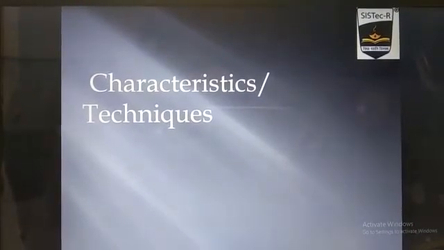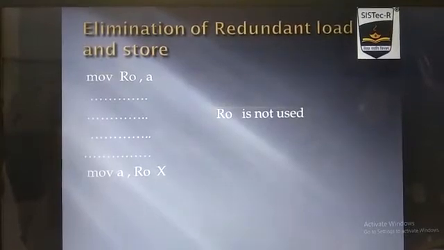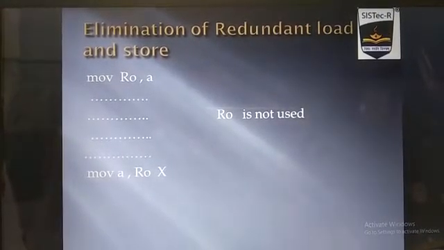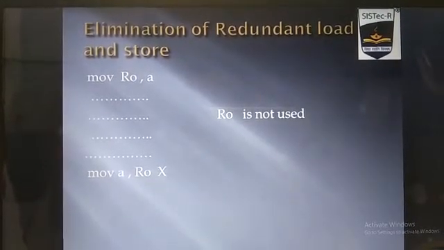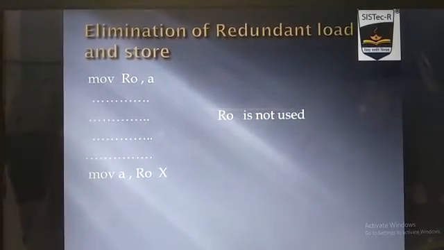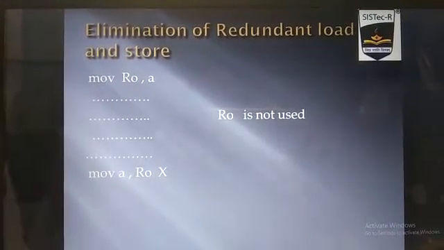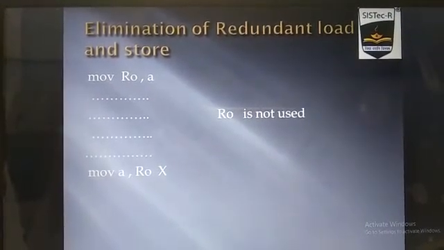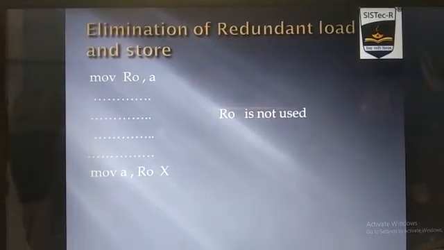Characteristics, or you can say techniques, are: first is elimination of redundant load and store. Here a code is given in which the first instruction is move R0 to A. After some statements, again we use move A to R0.